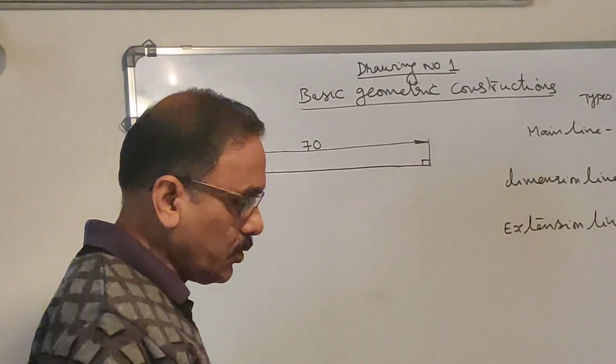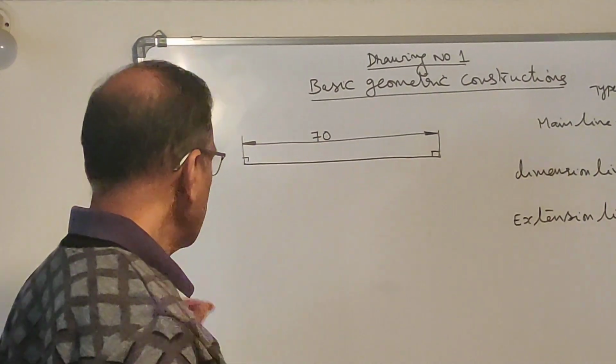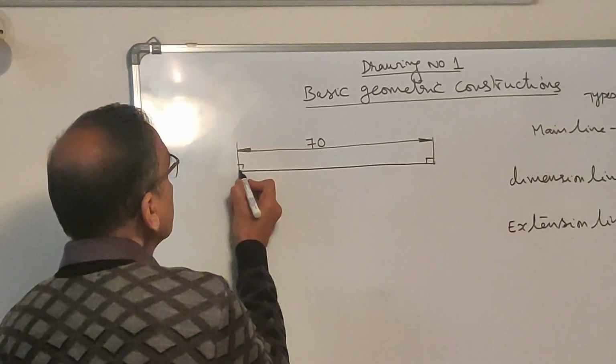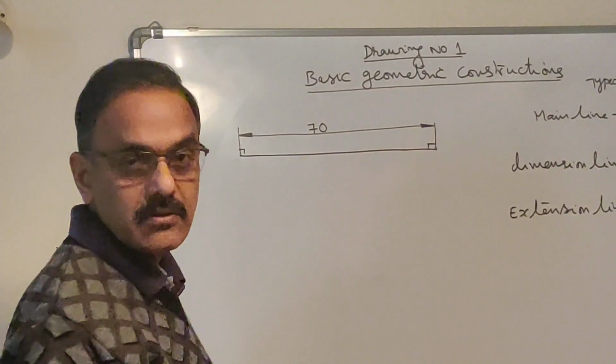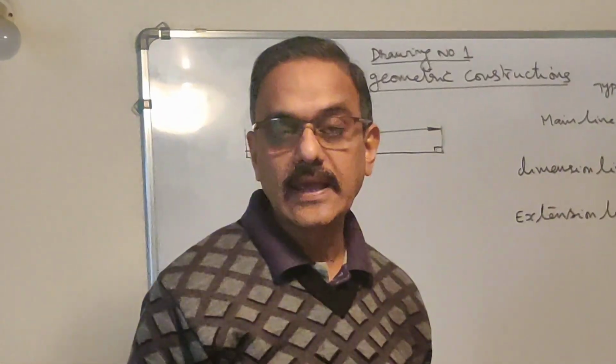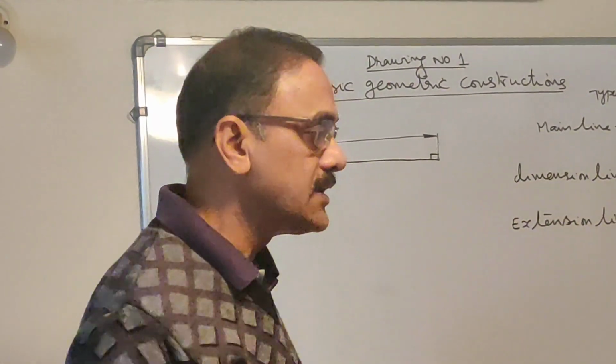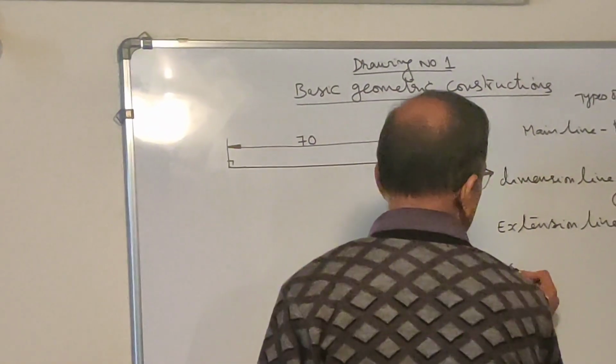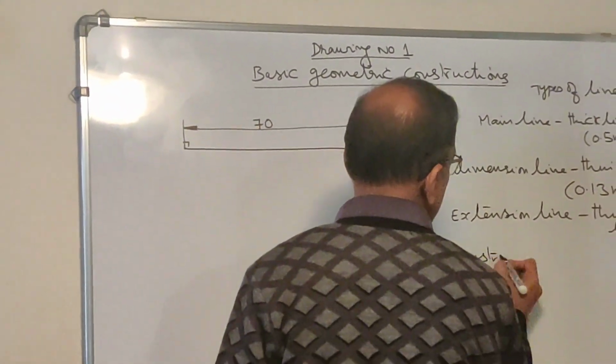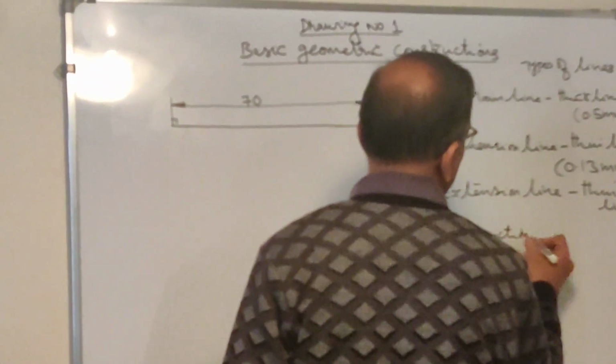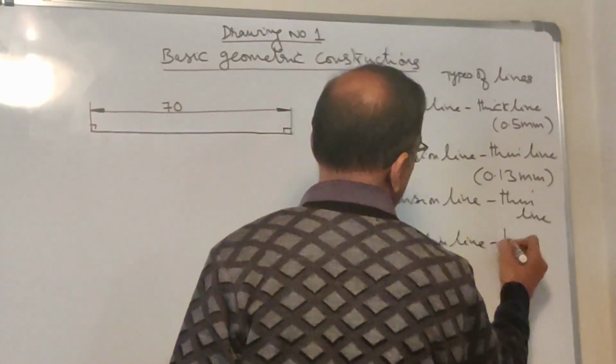Now, what to do? What to do is, you go to this tip of the line. We are doing some construction here. So I am going to draw some construction lines. The construction lines also have to be thin. We call them construction lines. It should be a thin line.